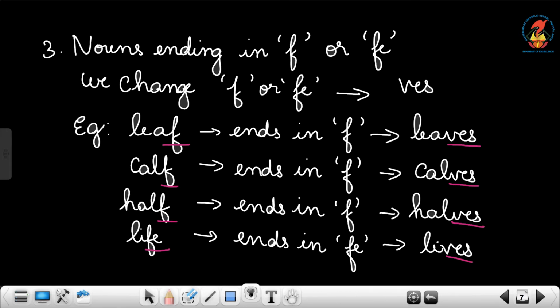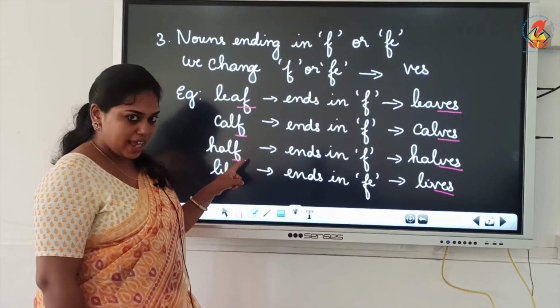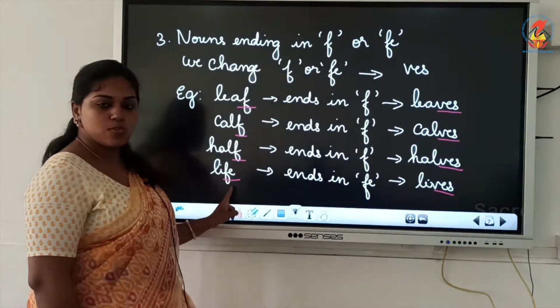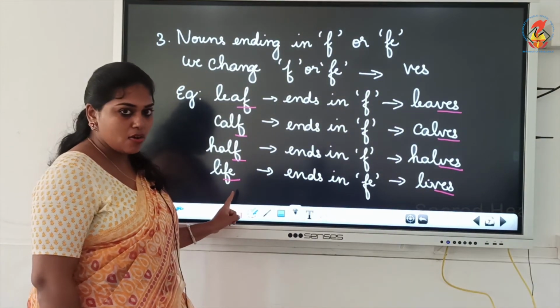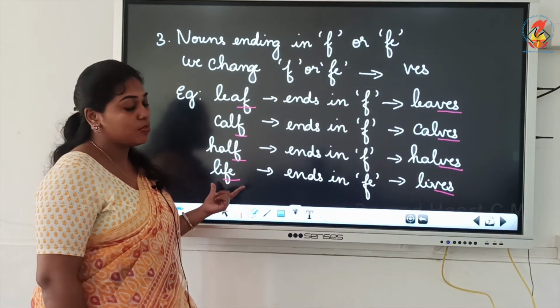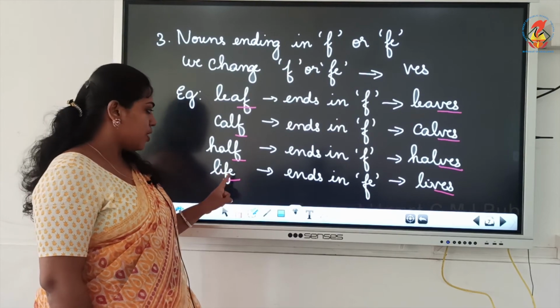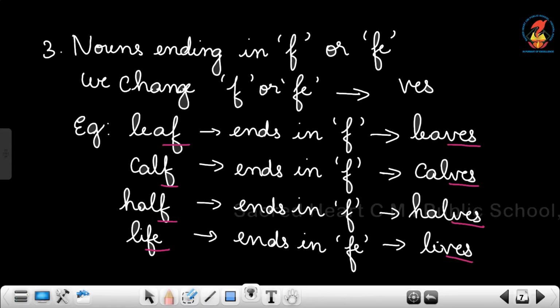Now, the next word. In all these three words we learned, the nouns end with the letter F. Now, here in this word, the noun ends with FE. So, if the noun ends with FE also, it is the same rule where we have to cut out F and E and change it into VES.